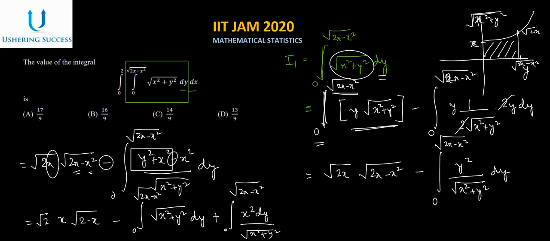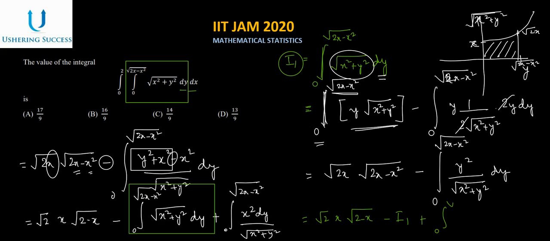Now notice that this integral is the same as integral I1. So therefore I can write this as root over 2x into root over 2 minus x, minus I1, plus integral 0 to root over 2x minus x square into x square dy by root over x square plus y square.